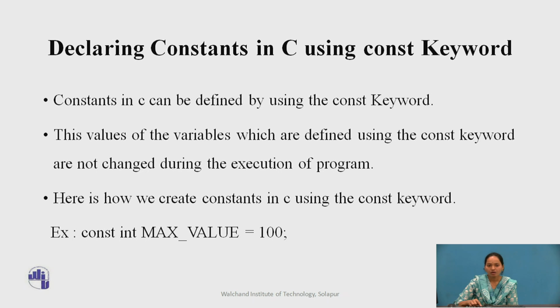Here is how to create the constant in C using the const keyword. Example: const is a keyword of constant. const int max_value = 100; int is your data type, max_value is the name of your variable, equal to 100. 100 is the value of integer data type that cannot be changed.